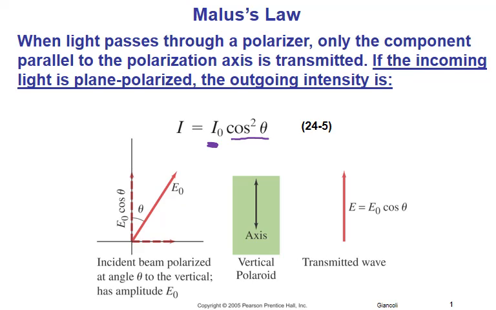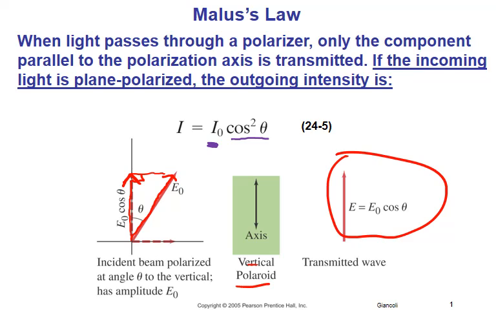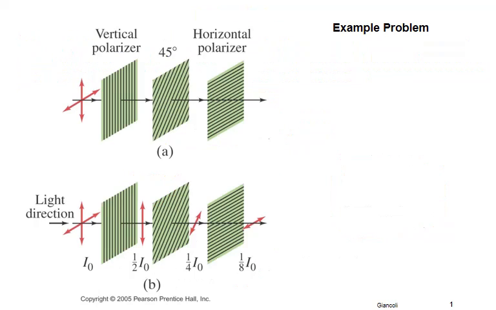And we can figure out, in this case here, if epsilon naught, which is the vector here, only, let's say we're going through a vertical polaroid, only the adjacent side, which is right here of this right triangle, is going to make it through. So the only adjacent side is going to make it through, and we can use this, if the light is already plane polarized, to figure out how much is left.